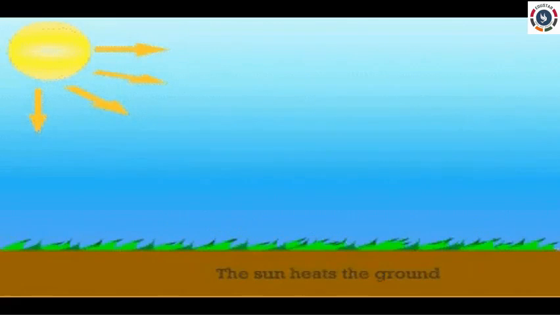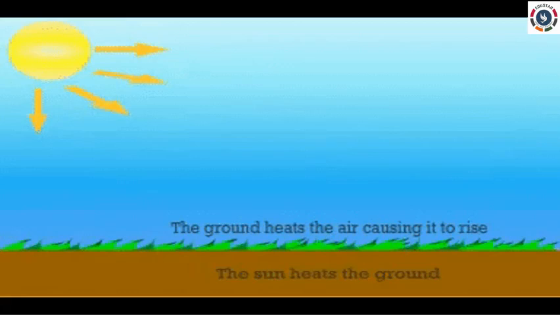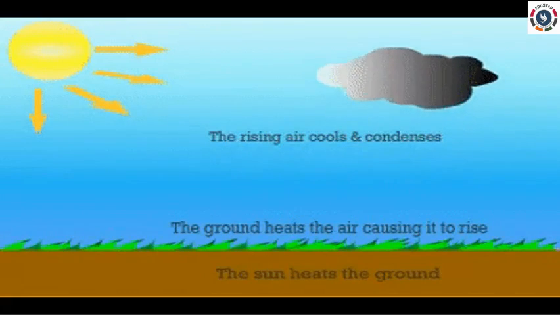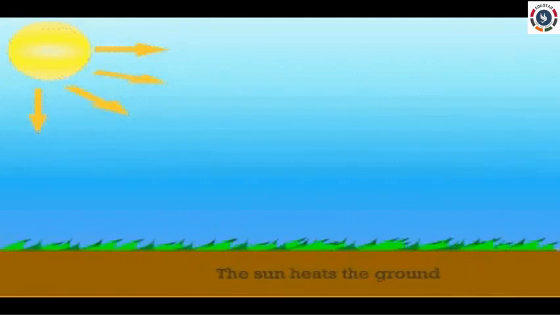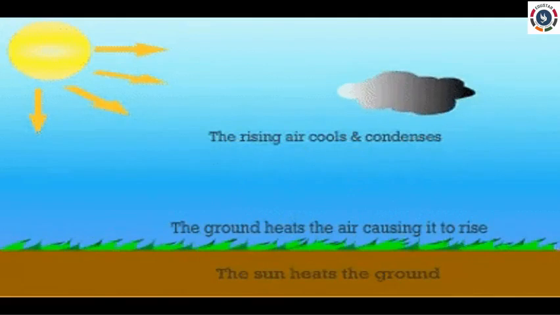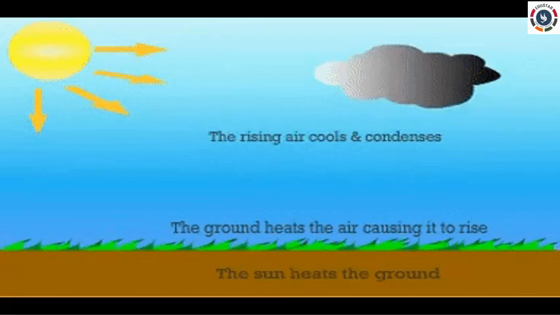What is meant by humidity? Humidity is the moisture or water vapor present in air. The climate in the equatorial region remains the same throughout the year. The region does not experience different seasons.